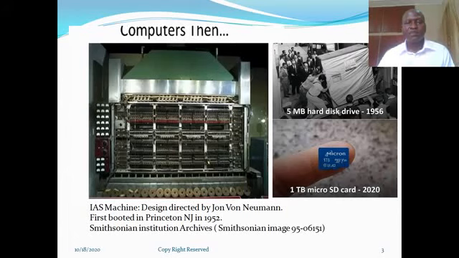These computer systems were made up of vacuum tubes, which are devices that look like little light bulbs. It is those tubes that performed the computation that forms the bulk of the electronic circuitry of a computer system as far back as the late 1940s, 50s and 60s. This particular computer that was first booted in Princeton was actually the size of a room.